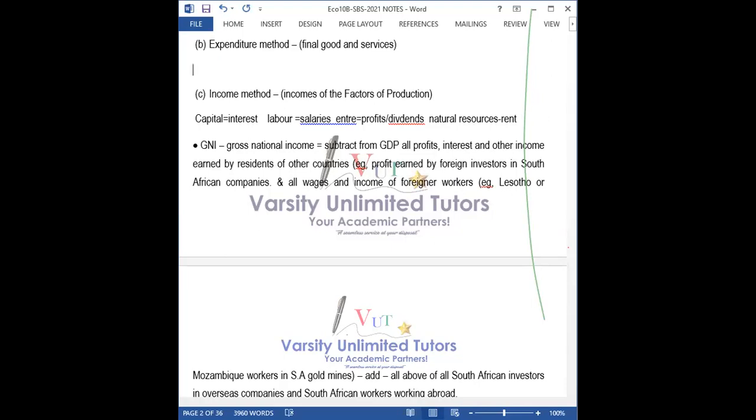Let me try to expand a little bit on the expenditure method. On the expenditure method, we have basically consumers of goods and services that are on the goods and services market.